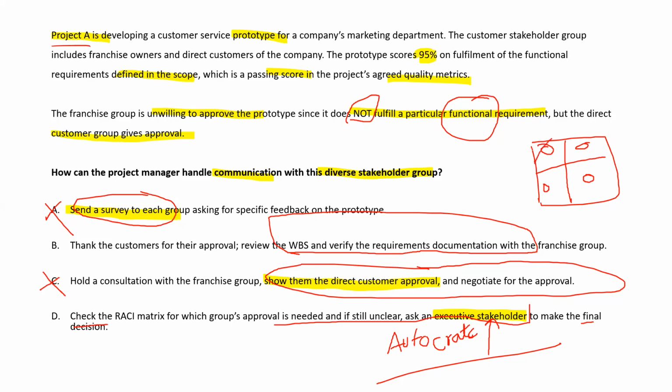Why do you want to bring the higher management in for something? Why did they make you the project manager if they have to come inside? Go and search by yourself. So this is the correct answer.